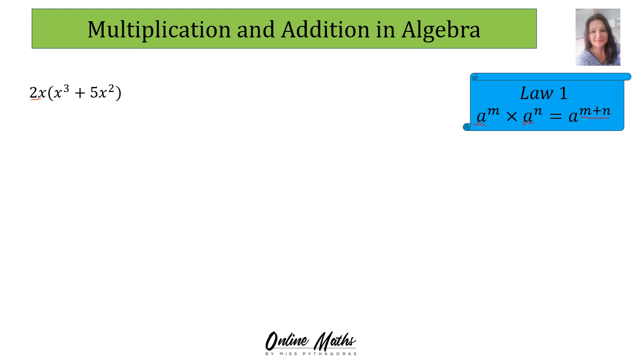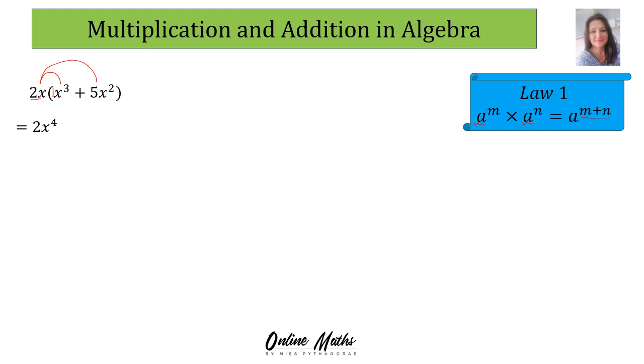And that means I will take the 2x and multiply it with x to the 3, and I will take the 2x and multiply with 5x squared. We will say 2 times, and remember, if there's no coefficient number in front of the variable, there's an invisible 1.